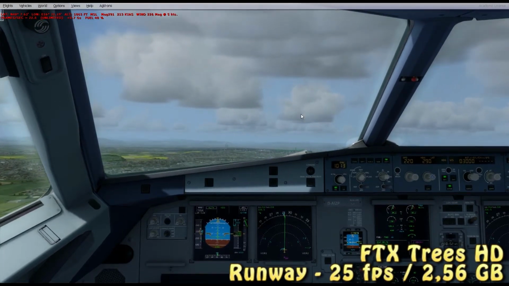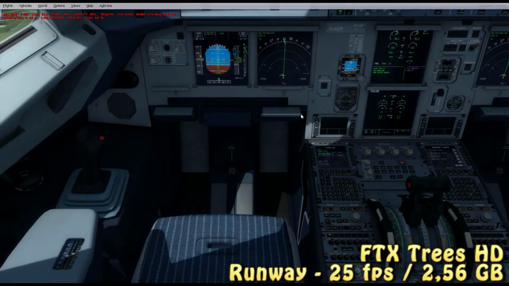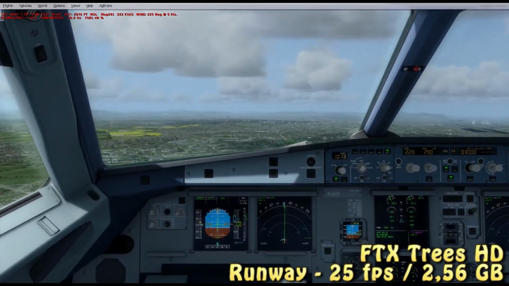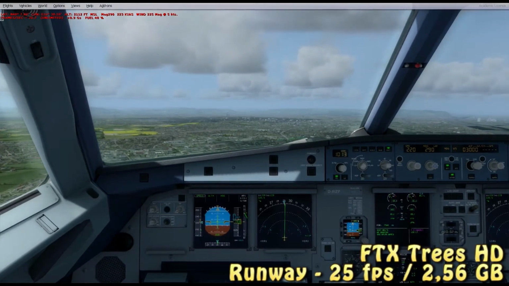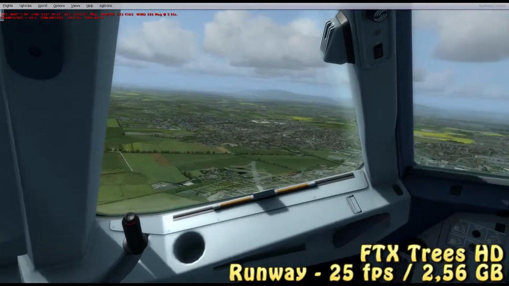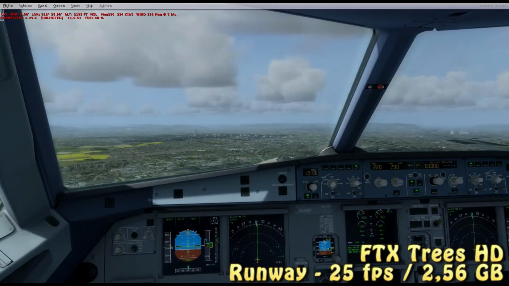So what can we say so far? We have a pretty decent increase in frame rates because with no FTX Trees HD, it was around 20 or 21 at the end of the runway.